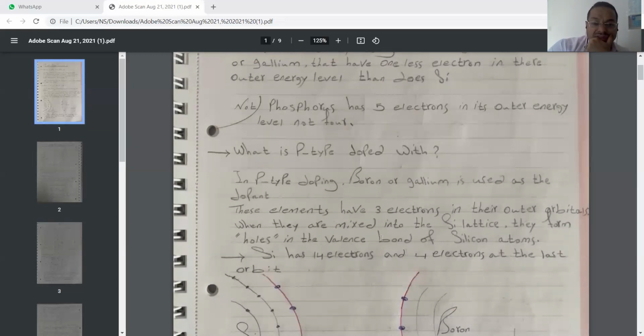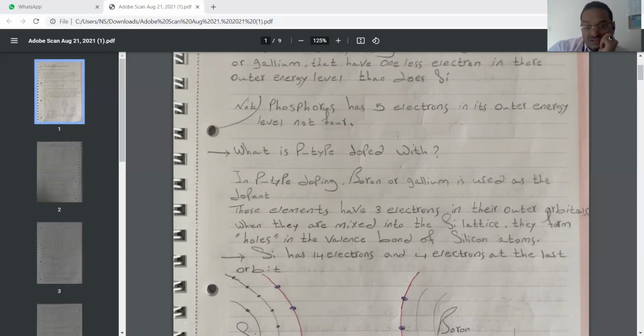Hole means the empty space. It is created after an electron jumps from one band to another, from the valence band to the conduction band. This empty space, we will call it the hole.